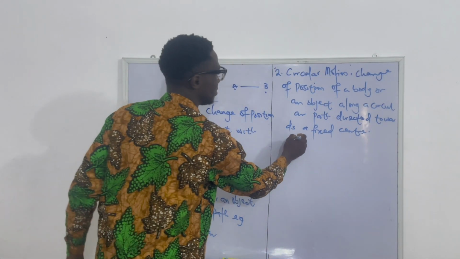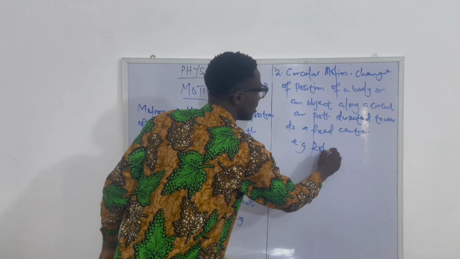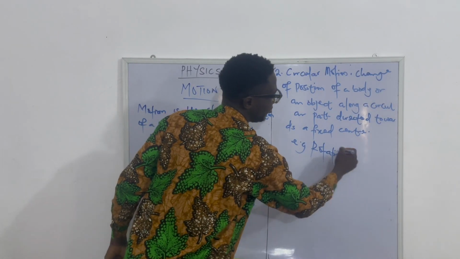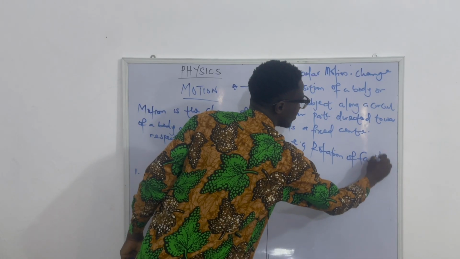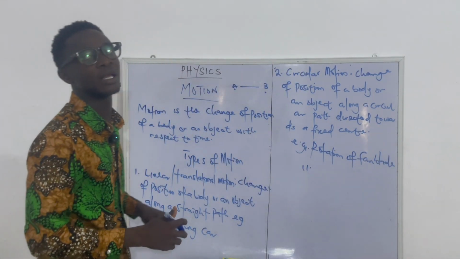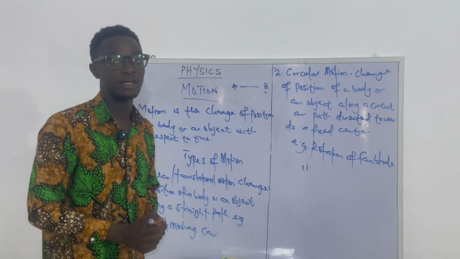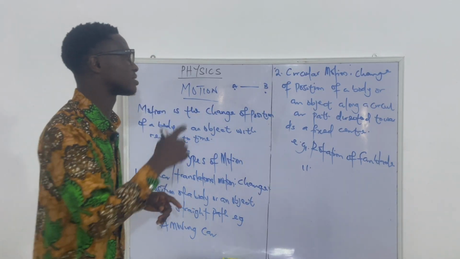A typical example of that is the rotation of fan blades. I know we all have fans in our houses. Another example is the earth which we are in: the rotation of the earth about its axis.